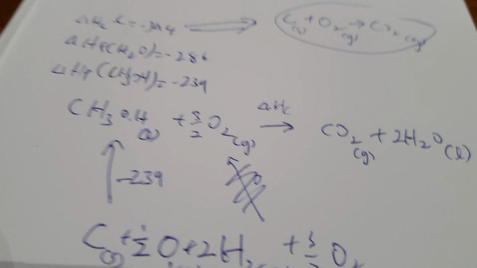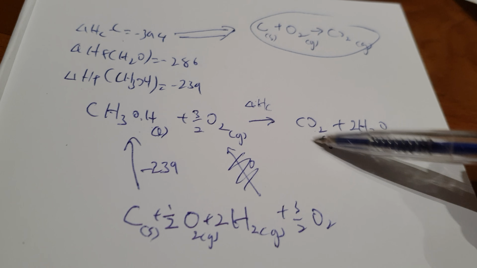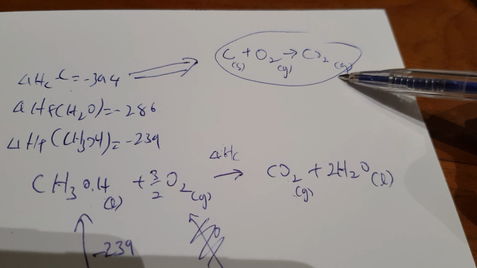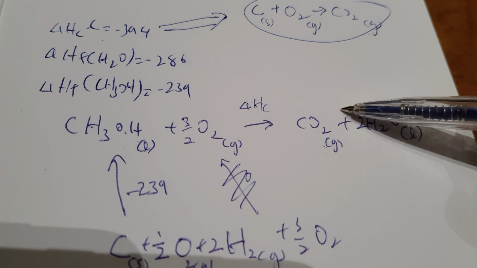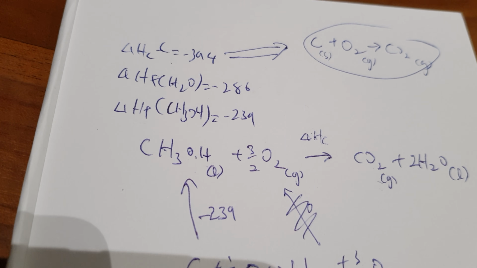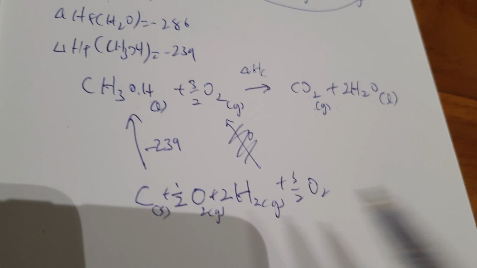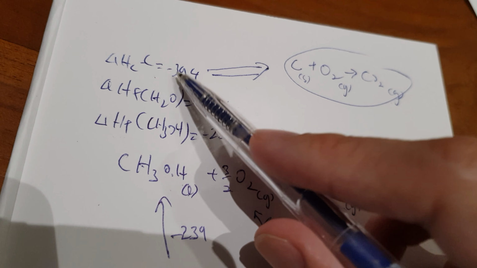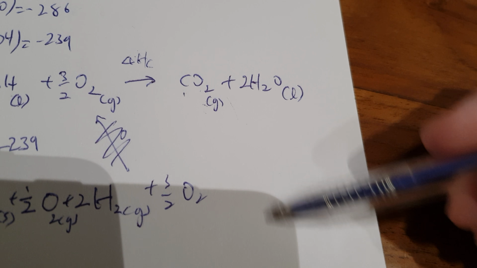Now, this CO2 from the data given to you is made by burning carbon in oxygen to give CO2. So that's what this enthalpy change means, that you can make CO2 from burning carbon. What you want to do when you do any cycle is you must close the loop. If the reaction that we want to use, like delta H combustion, doesn't involve any of this, you cannot close the loop, so you have to find something else.